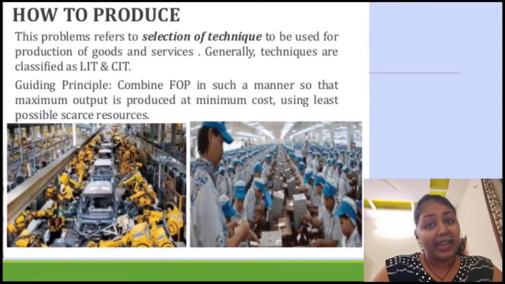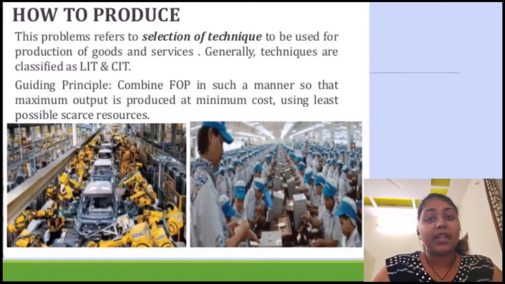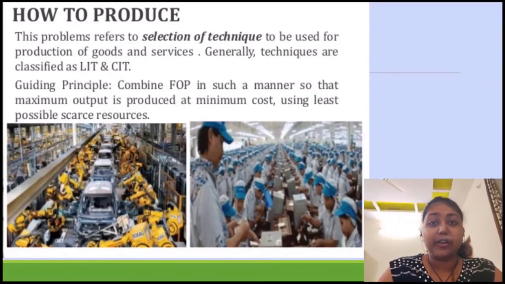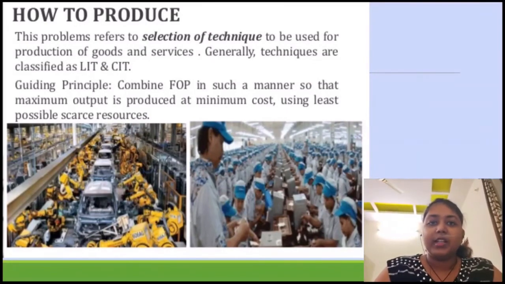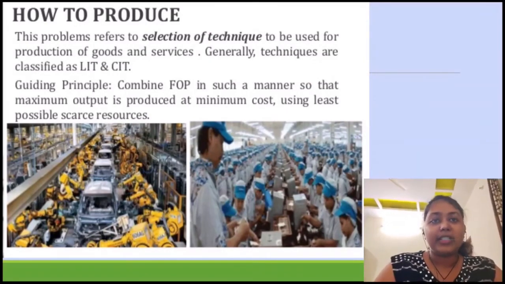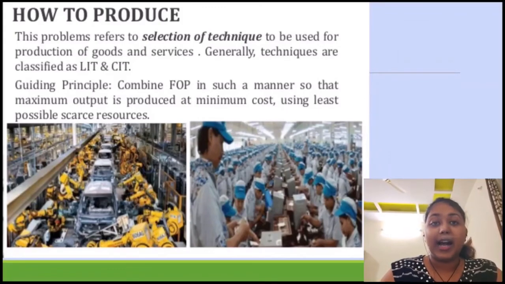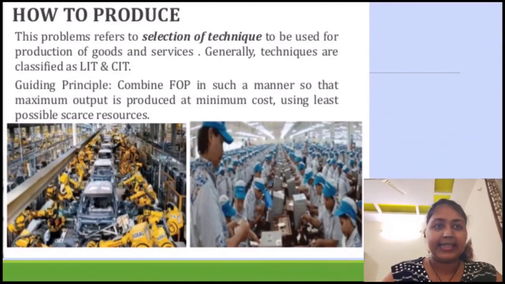But at times you need to take people, compromising a little on quantity, obviously not on quality. So it has to be decided which manner we choose. That's how we decide how to produce. You've got two options, LIT and CIT.